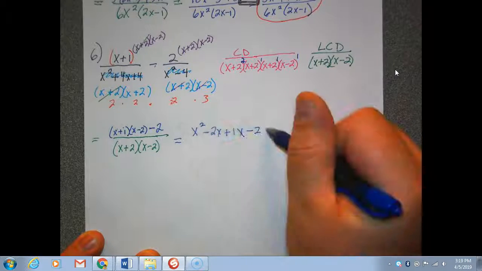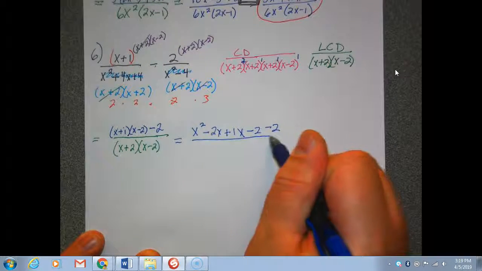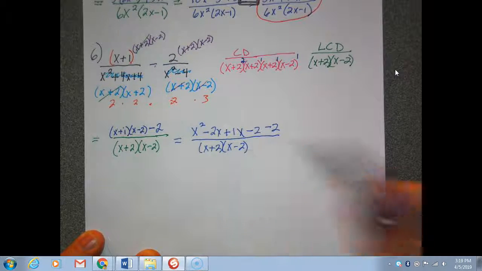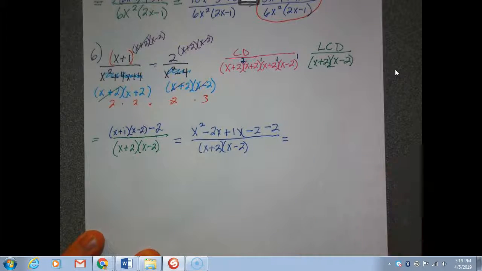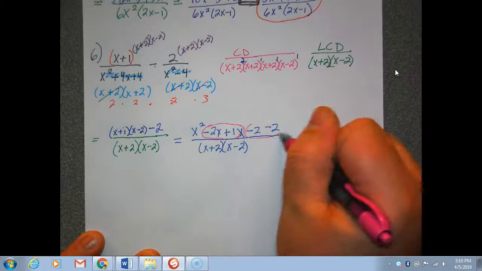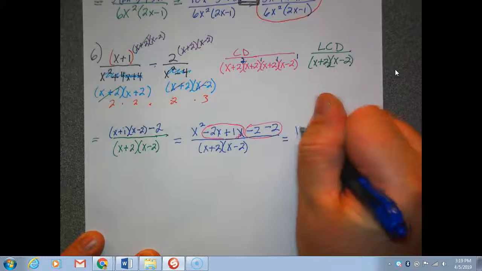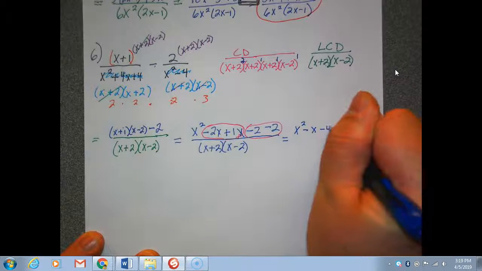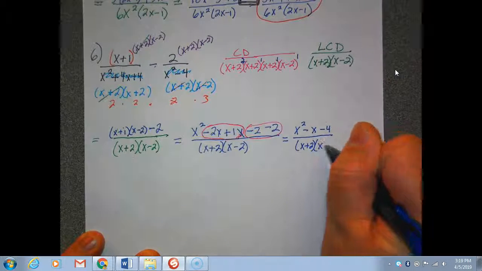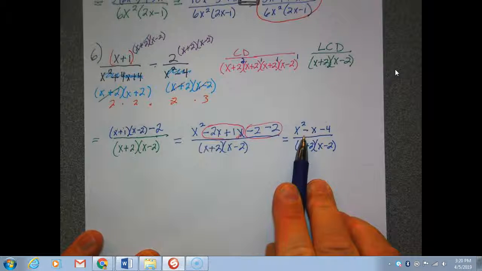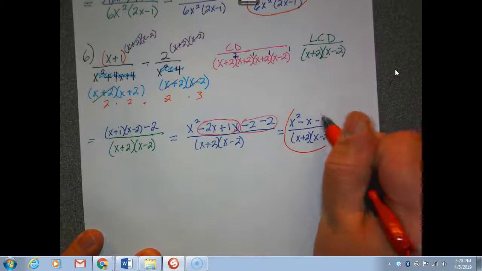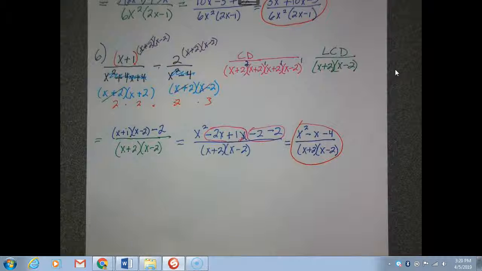Don't forget this minus 2, all over x plus 2, x minus 2. So combine like terms here. So x squared minus x minus 4 all over x plus 2, x minus 2. Is this factorable? No. There's number 6.